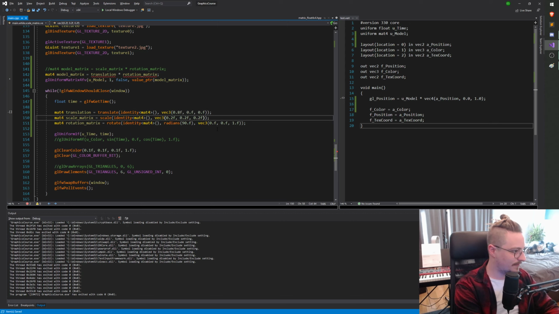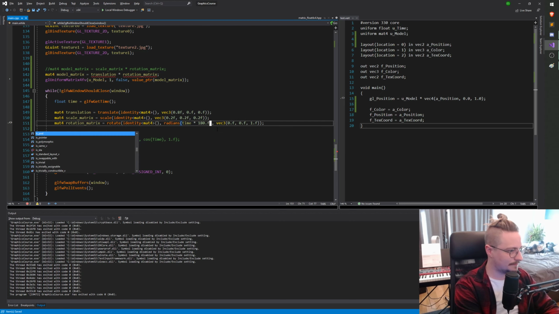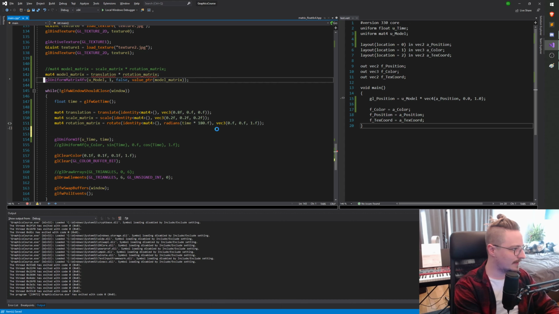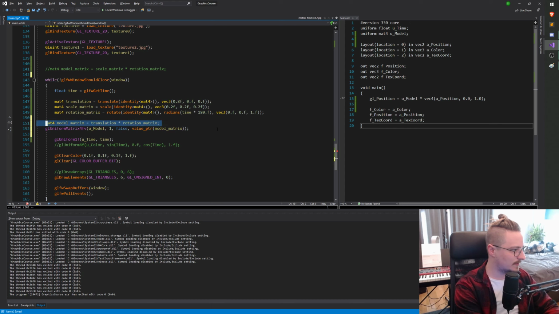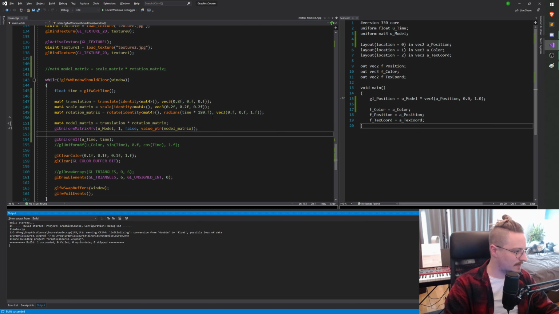Let's do that. But let's rotate by time times 180 degrees. Yeah, let's do that. And then I'll upload that. So I'll do this. Translation times rotation matrix. Yes, that should be good. Yeah, okay, there we go.